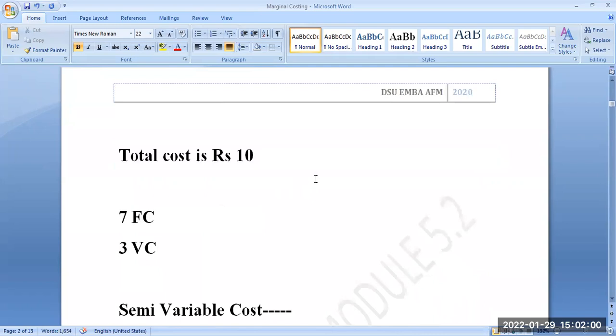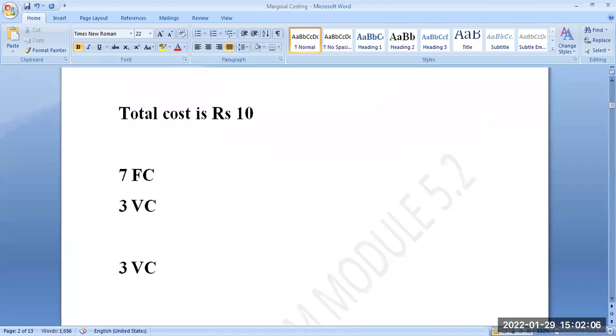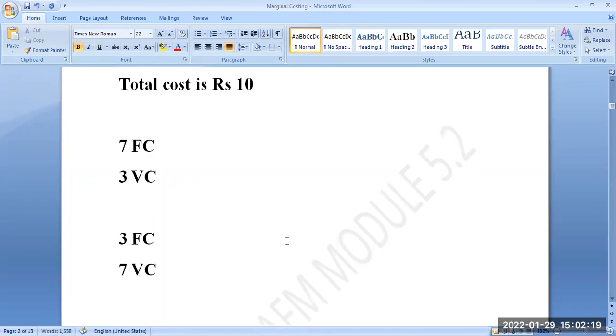And for another company, it's the opposite: 3 rupees is the fixed cost, and 7 rupees is the variable cost. Which company is good for you, depending upon the situation? Suppose there is a sudden reduction in the order. Which company can save itself? Assume this is company A and this is company B.